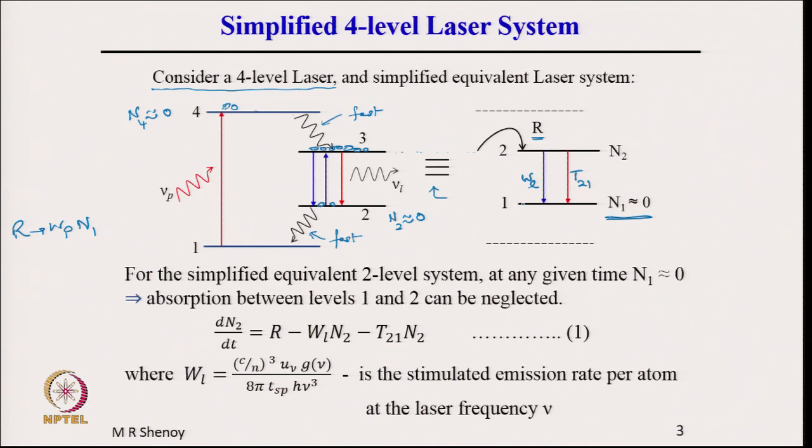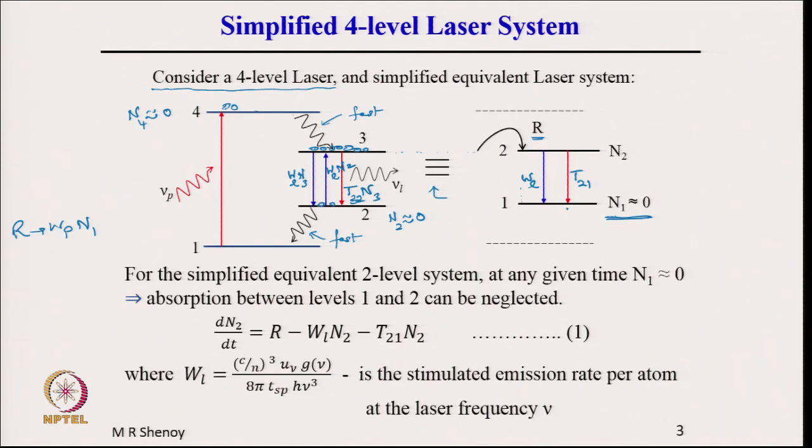Of course, stimulated emission would have also had an upward transition, which is WL into N1, but N1 is 0, and therefore, this upward transition is neglected. Here we see WL into N3, downward transition, upward transition is WL into N2, and the third transition, if you recall the rate equations that we had studied, T32 into N3. So, these are the transition rates of atoms in the normal 4 level system.